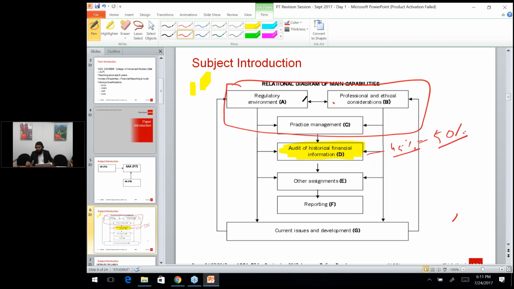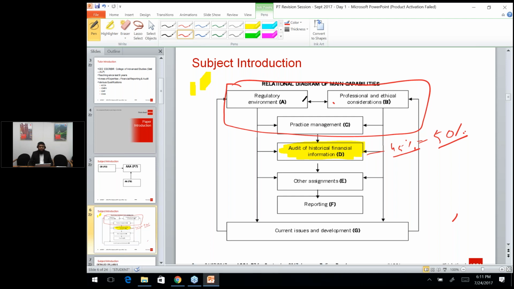Now let's move forward. Sections A, B, C are done. Then there is section D, and then section E. Section E is not examined in detail at F8 level. This is an area which is very new for P7 students and a regularly examined area.